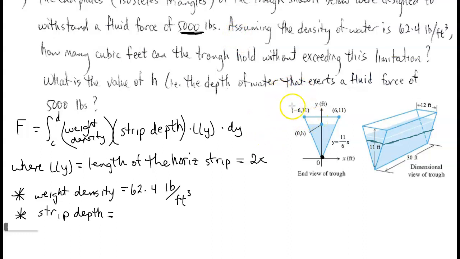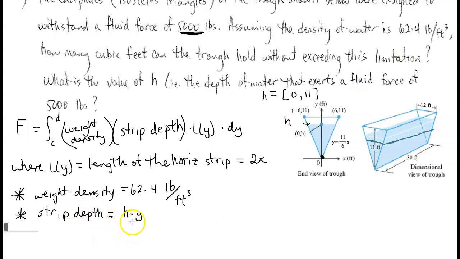Now, of course, height can go anywhere in between 0 to 11 feet based upon the dimensions of the trough here. But we don't know exactly what that value is going to be, okay? So at best, what we can do to make life easy for ourselves is to say, all right, well, if this is going to be some certain height, then we can make that strip depth be height minus y.